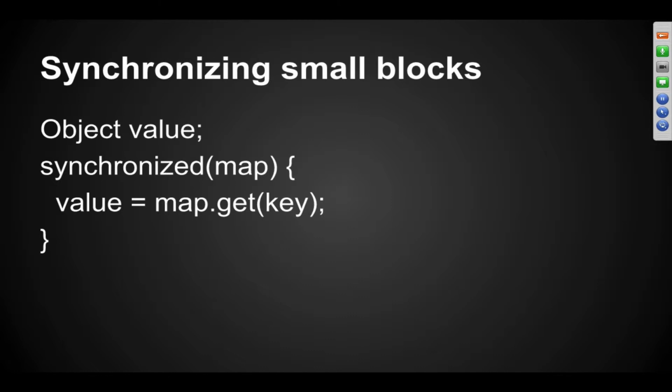So if I have a map, I should only synchronize the part that gets the value from the map, or updates the value in the map. Doing that will keep your code very small, and the potential for deadlocks will be dramatically reduced.